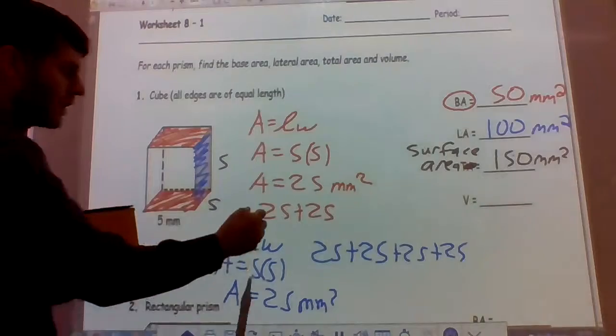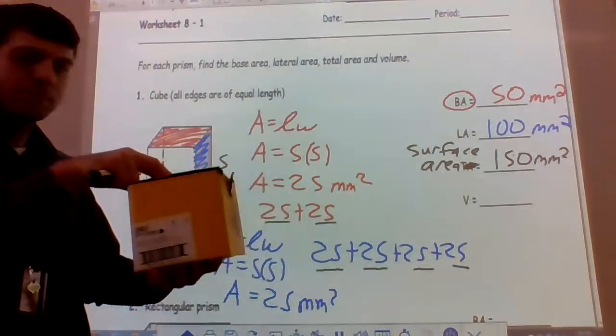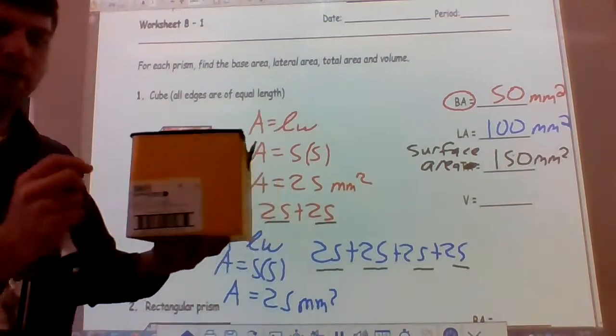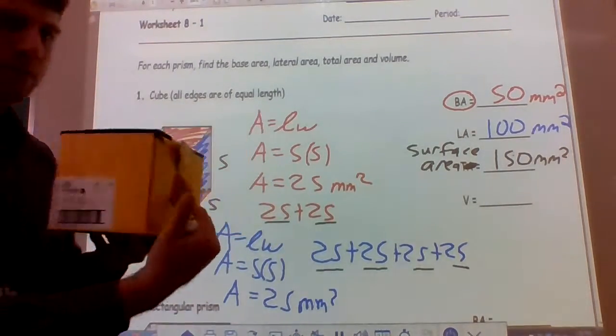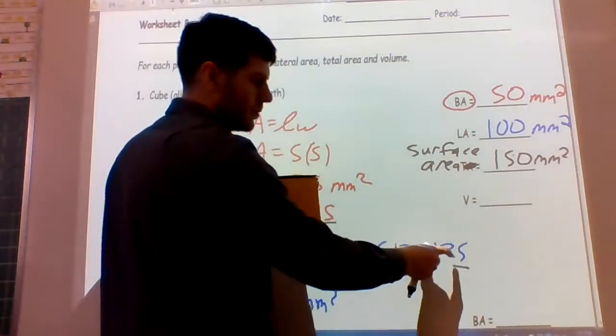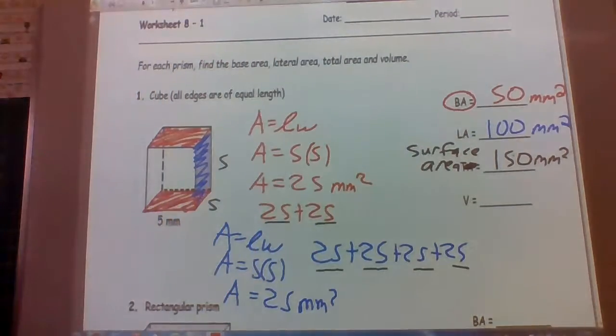Okay, there's 6 sides. So the top is 25, bottom is 25. Front's 25, back's 25, left's 25, right's 25. So 25 plus 25 plus 25 plus 25 plus 25 plus 25 is 150, or 25 times 6.